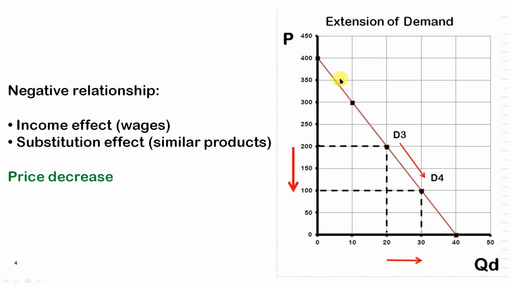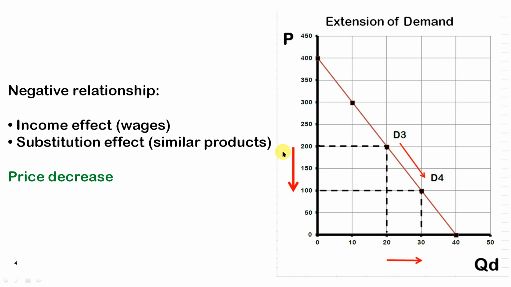So here we have point D3 and D4. At D3, the price is 200, the quantity demanded 20. Moving along the demand curve from D3 to D4, at point D4, price 100, quantity demanded 30. So what do we notice?